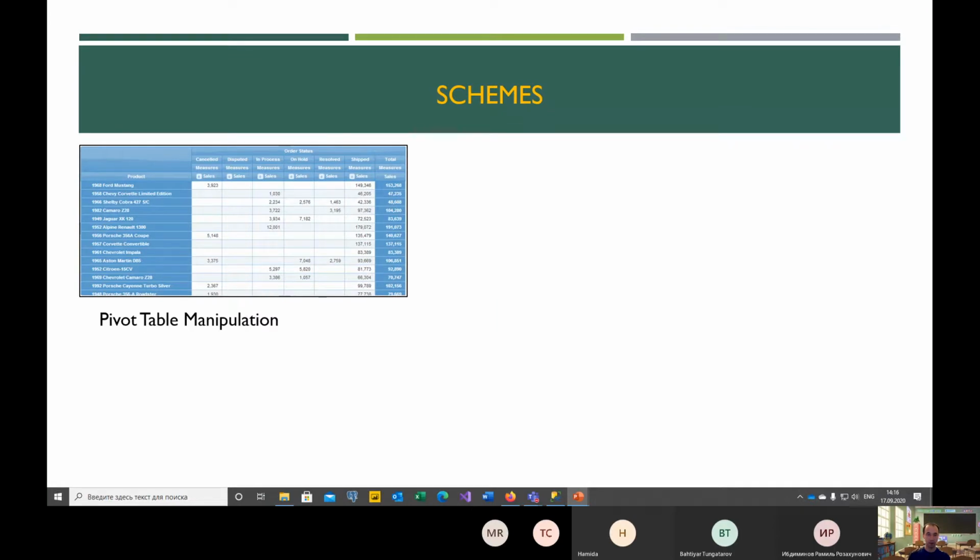So when we have the pivot table, we have data that represents different measures. Like we have sales, for example, the products, and we get the number of what we have received.